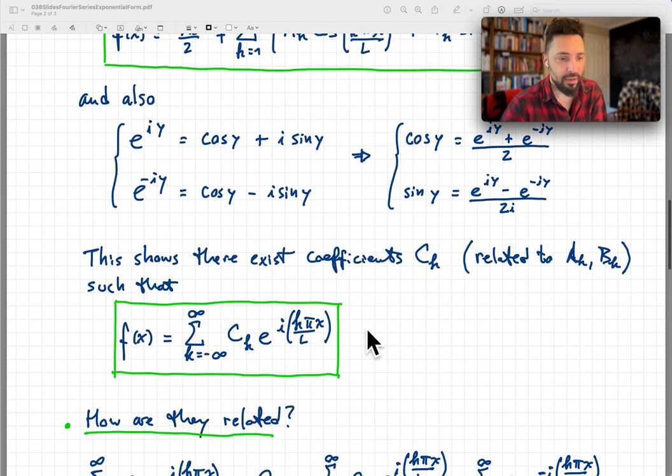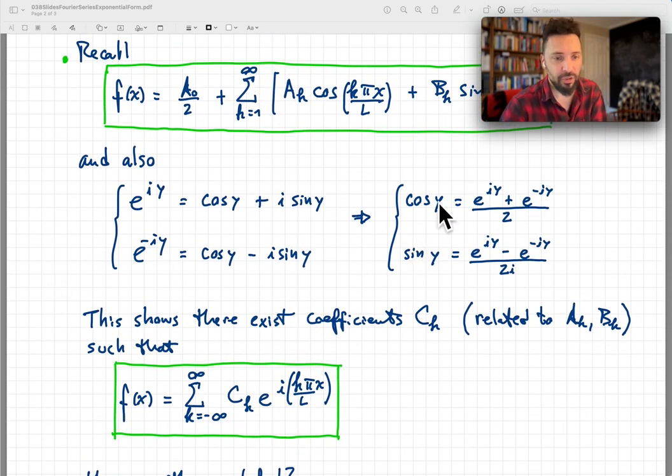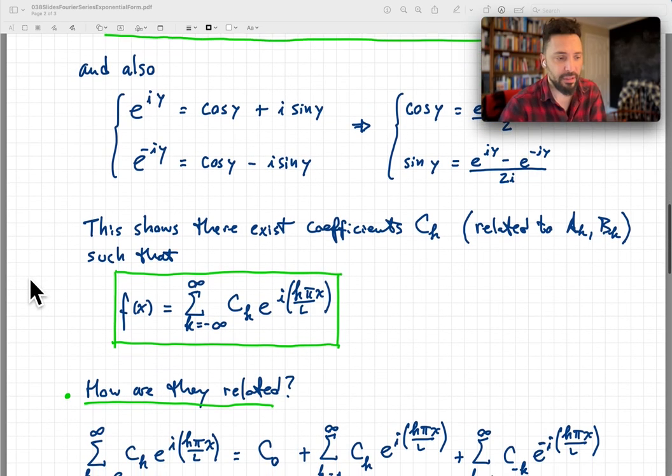You can see that those coefficients would have to exist somehow if the aks and bks exist. And it's all really just a linear transformation, because the relationship between the cosine and the sine and these two complex exponentials is linear. And so the relationship between the aks, bks, and cks would have to be linear.